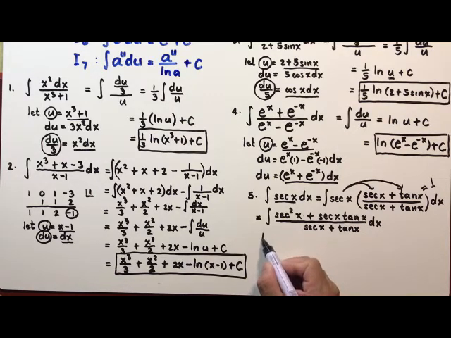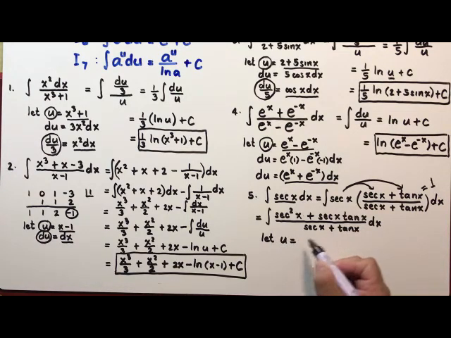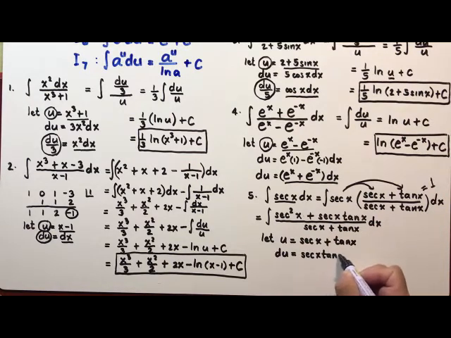Because I realized that when I let u be equal to secant x plus tangent x, and when I get the derivative of my u, the derivative of secant x is secant x tangent x, and the derivative of tangent x is secant squared x. Of course, there is a dx here because this is a differential.